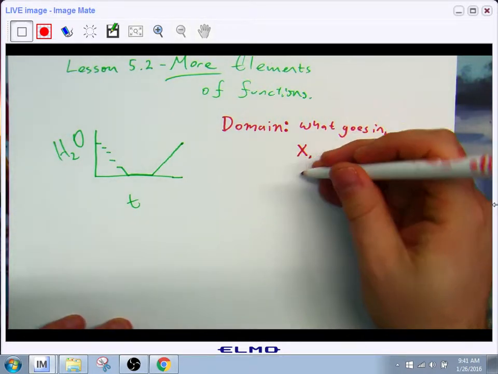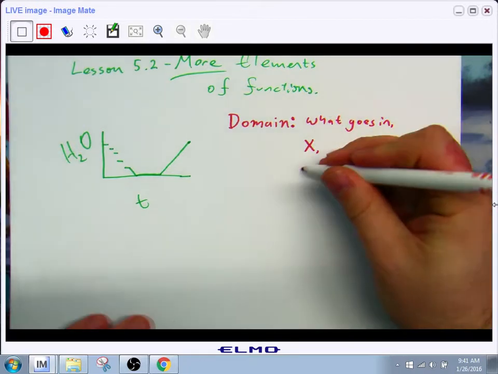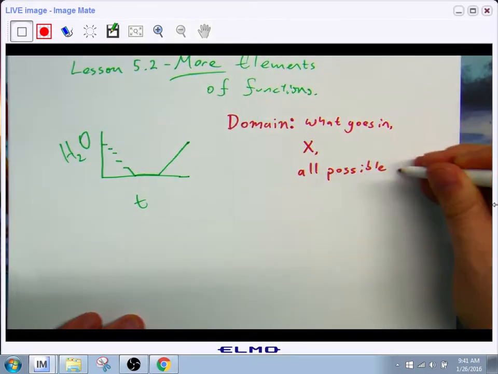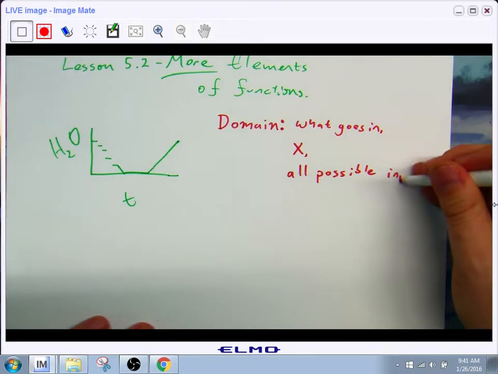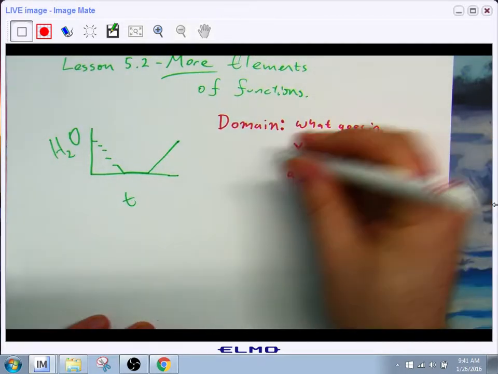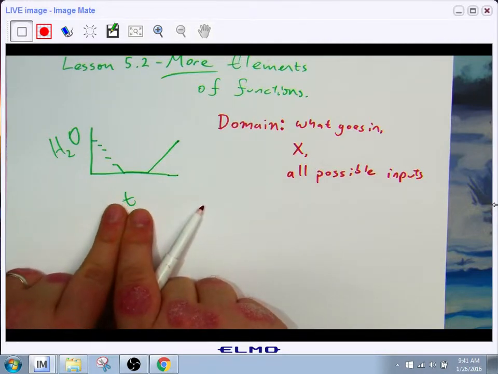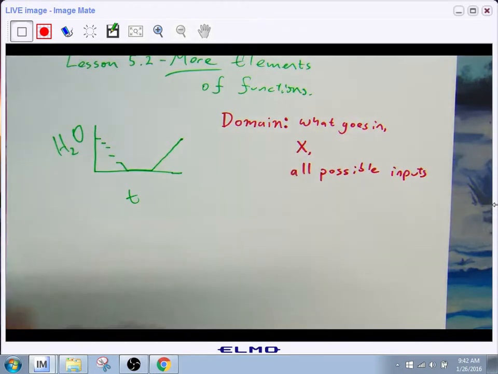So the best way of thinking of this is as all possible inputs. So when we're looking at our function here, when we're looking at time, let's say we started at time 0.